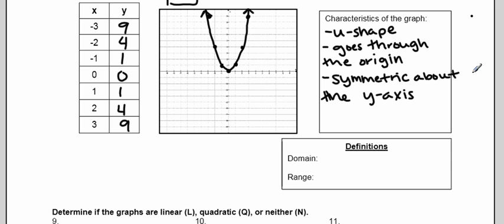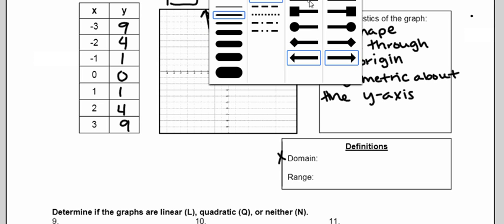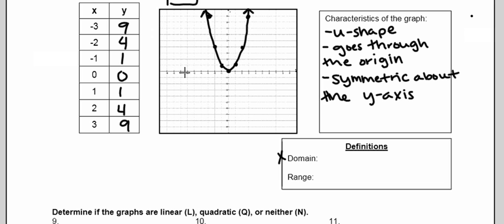So our domain here is our x's. So I want to box in whatever I can. I can't box the left or the right or the top, but I see that I can box the bottom with a solid line because it's all closed circles. Well, notice your graph is going forever and ever in the left direction and the right direction, just like your x-axis, which tells me my domain is all reals.